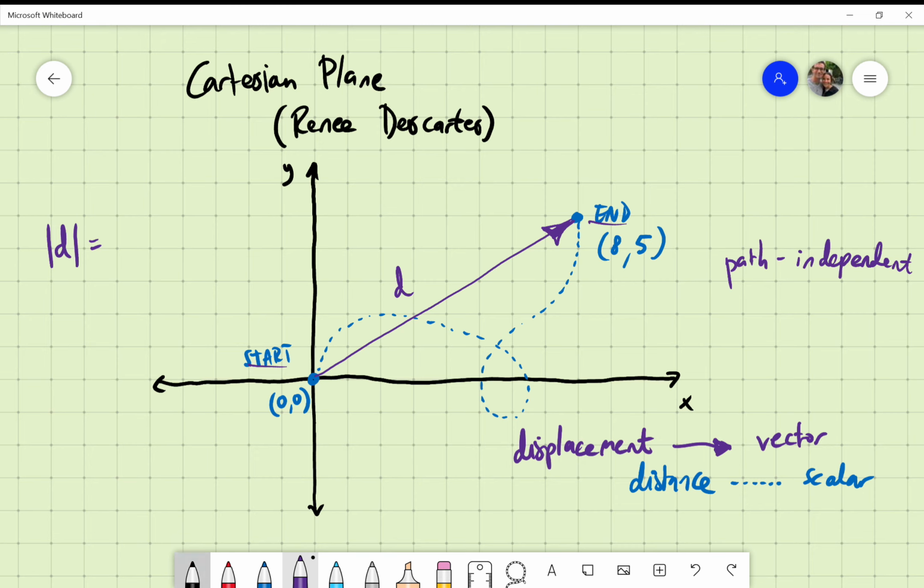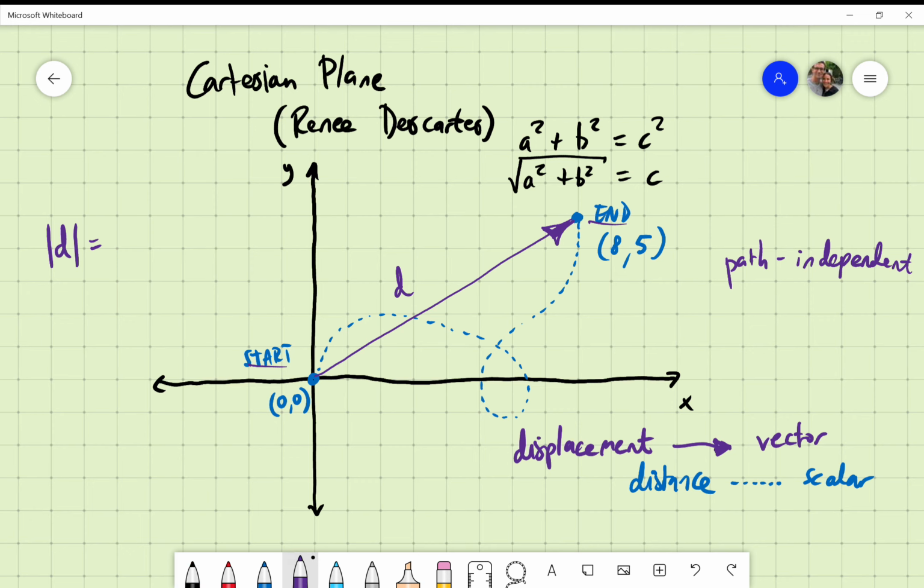We could do that by using the Pythagorean theorem. You know that a squared plus b squared equals c squared. We already talked about that. So a little rearranging of the Pythagorean theorem. You take the square root of both sides, and that tells you what that hypotenuse length is. The hypotenuse, the absolute value, the label, these are all the same thing. They're all one and the same when talking about vectors.